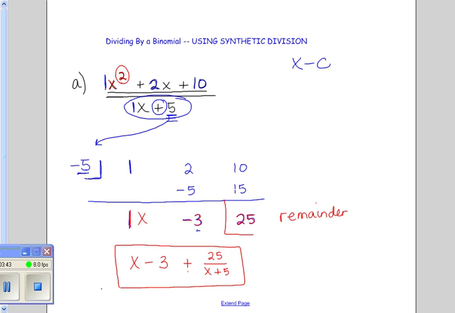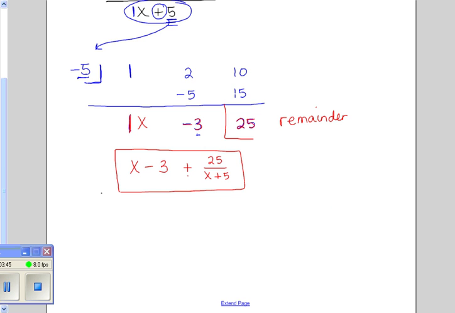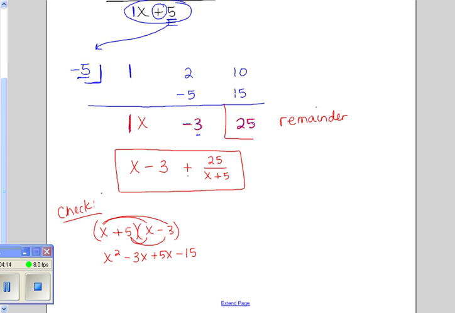So how would I check division? You would take the polynomial that you divided by, which was x plus 5, and multiply it by the quotient that we get here, x minus 3. So this part I'm just checking. You don't have to do this. X times x would be x squared. X times -3 is -3x. 5 times x is 5x. 5 times -3 is -15.